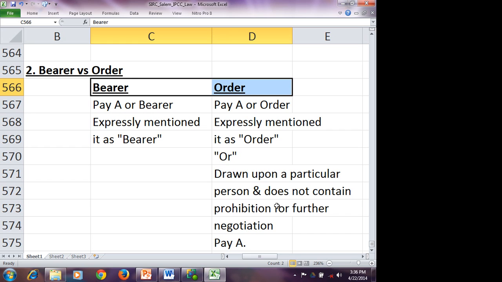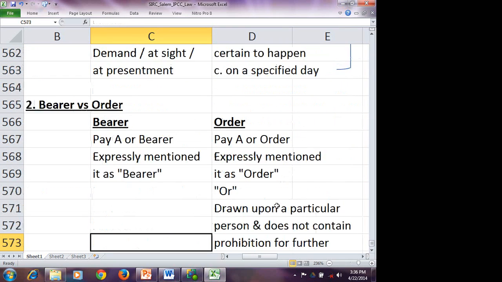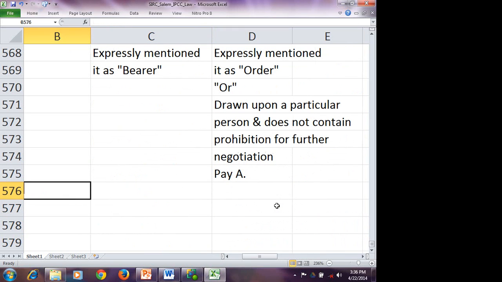It's preferable that you strike the word bearer always and make it order, because otherwise any person who is holder of the check could encash the payment, unless it's an account payee check or account payee instrument. So now the third type, these are all very small things. With the little explanation it can easily be understood. The moment this basic is thoroughly clear, further reading of the Act becomes very simple with the background with which we are discussing.